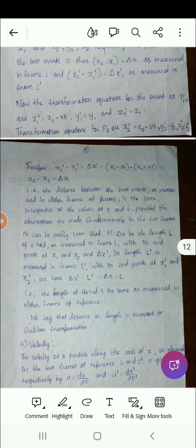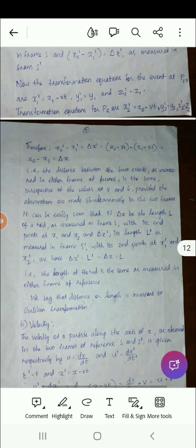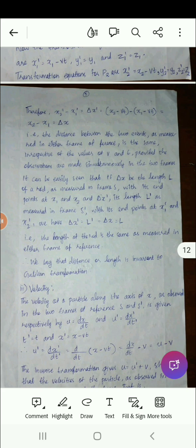The transformation equations for P2 are made the same way we made them for P1. To find the distance, we take x2 dash minus x1 dash, which is equal to delta x dash, which is x2 minus vt minus x1 minus vt, which is x2 minus x1, which is delta x.